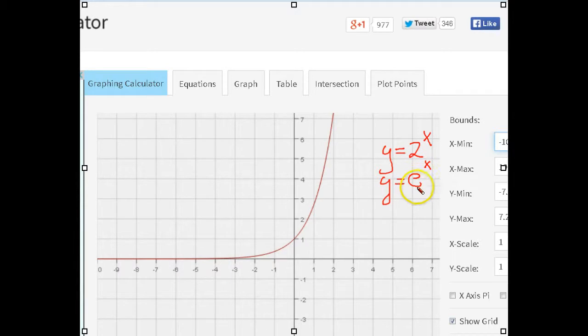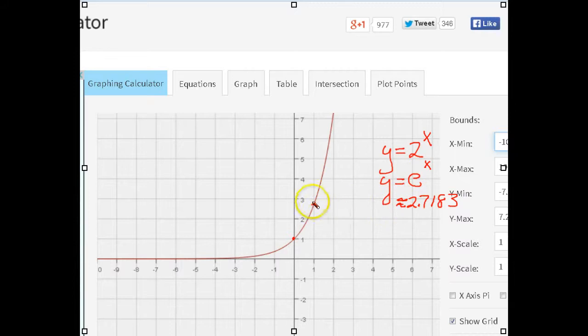And what did we say e was? Well, it was 2.7183 approximate. So when x is 1, remember when x is 0, this is going to be 1, so that goes through 1.